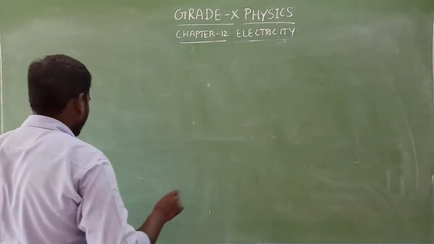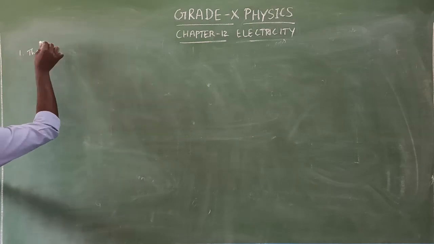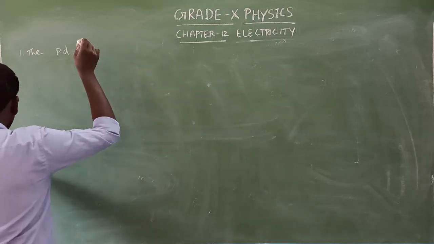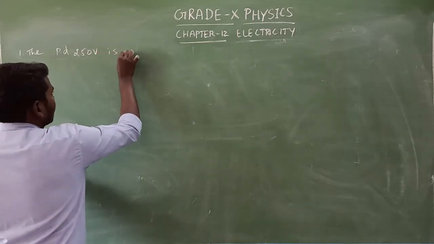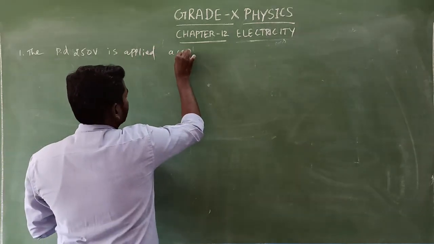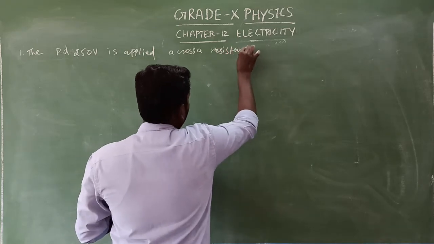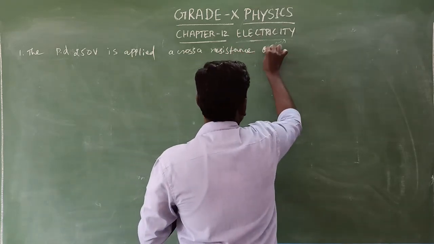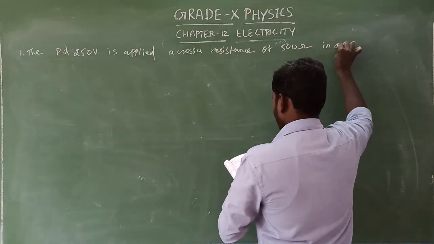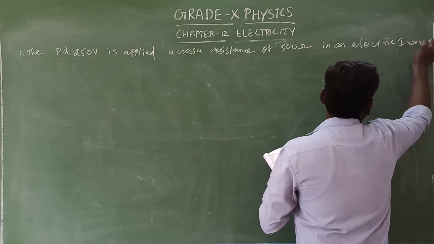Numericals we will see. Look here, students. First numerical. A potential difference of 250 volt is applied across a resistance of 500 ohm in an electric iron, which means iron box.